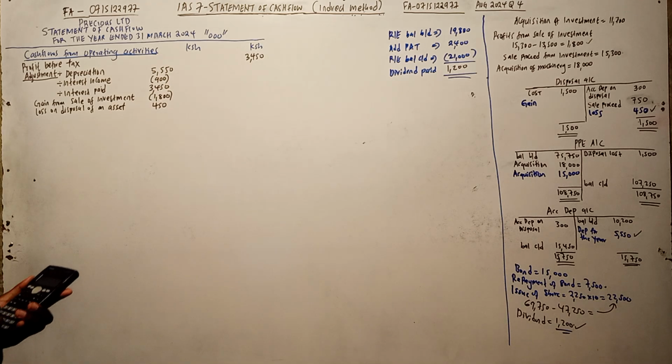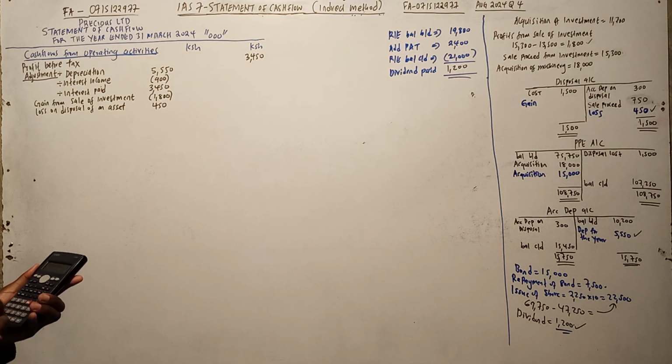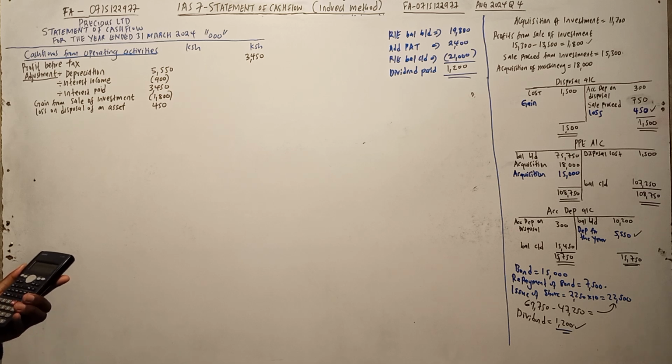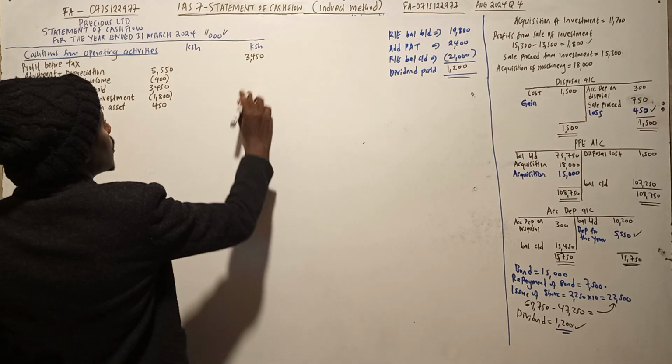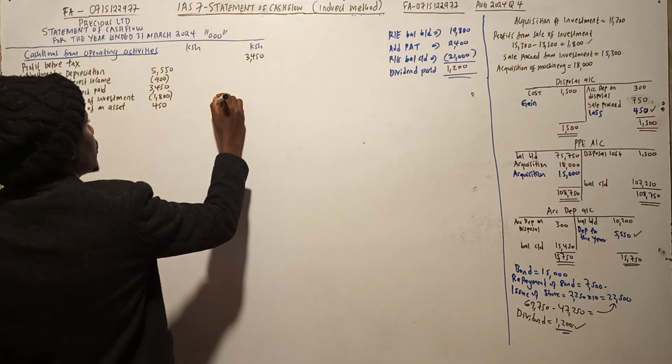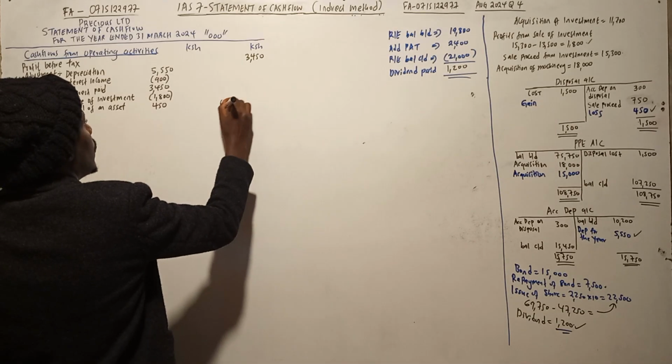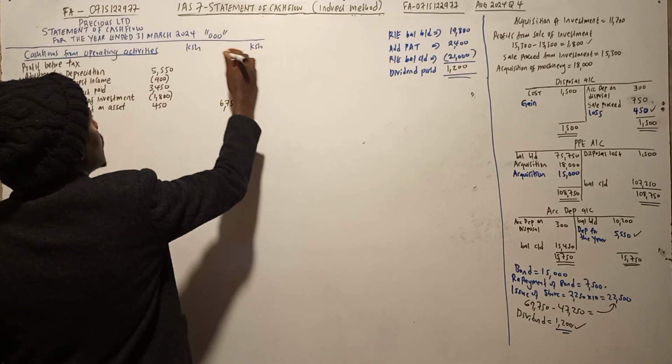So 5550 minus 900 plus 3450 minus 1800 plus 450. So mimi napata 6750. Nikiongezesha kidogo kwa 6750 na hapa niseme 3450.